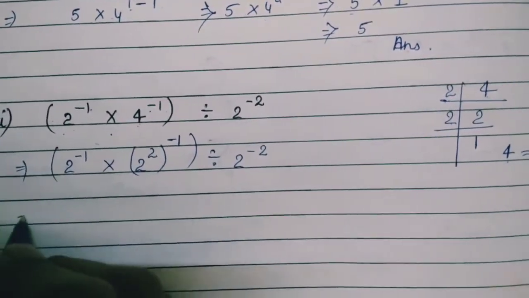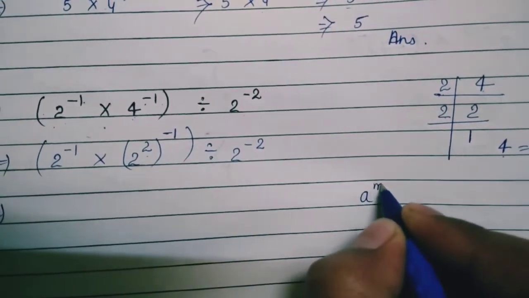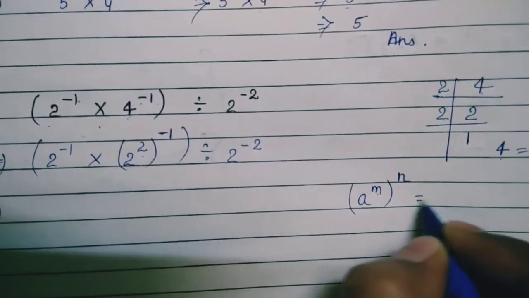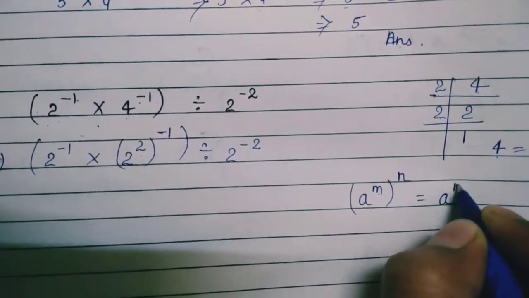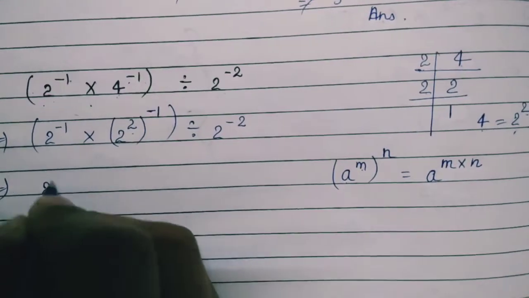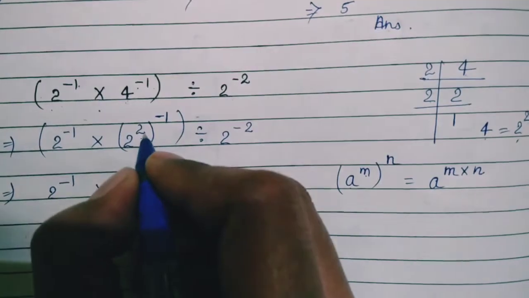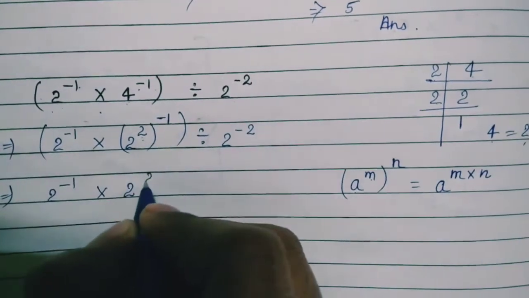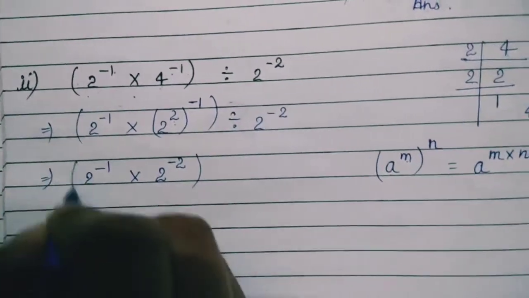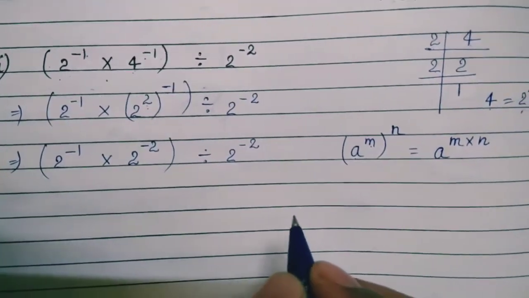Now simply power of power, it means here we are applying the identity, which is a raised to the power m, whole power is n, which is a raised to the power m into n. So here 2 raised to the power minus 1 multiplied by 2 raised to the power 2 into 1 is 2, but having negative symbol, divided by 2 raised to the power minus 2.